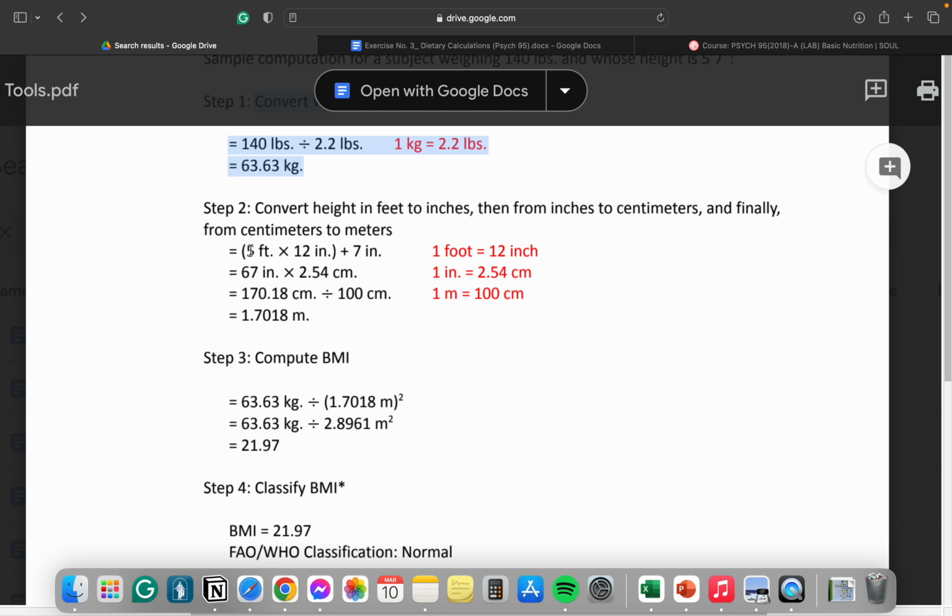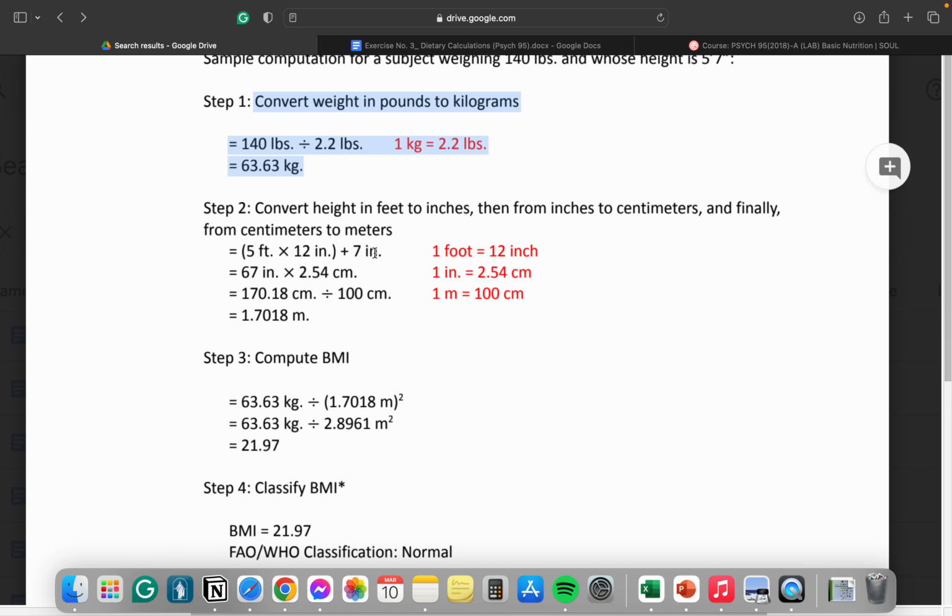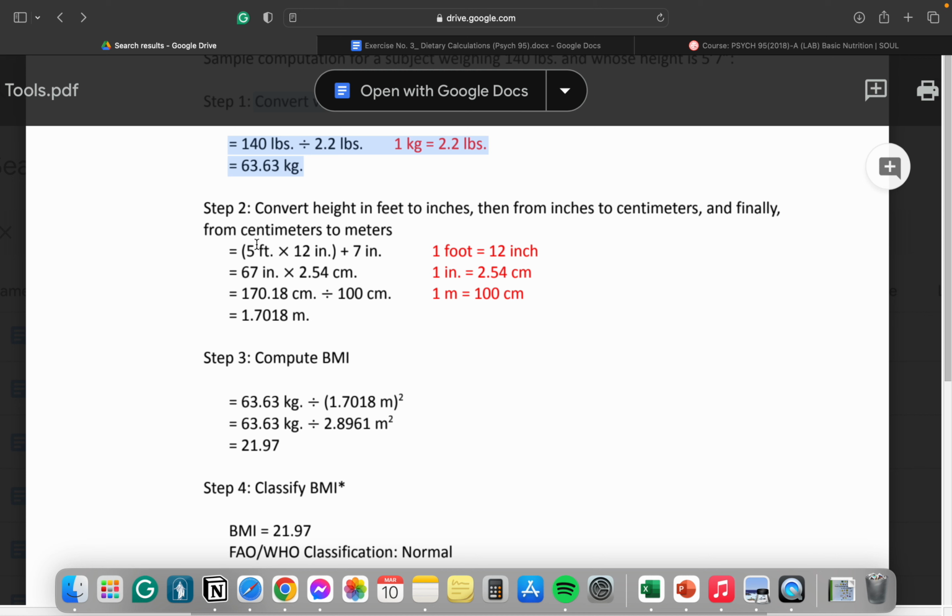Therefore, you multiply feet by inches. So 5 feet times 12 inches plus 7. This is for a person whose height is 5'7", as an example. So 5 times 12, that's 60 plus 7. So we have 67 inches.